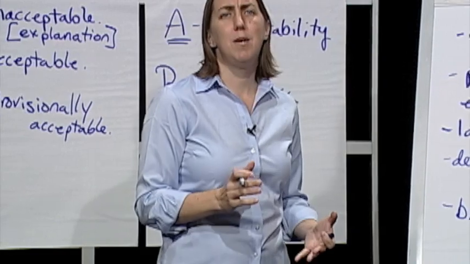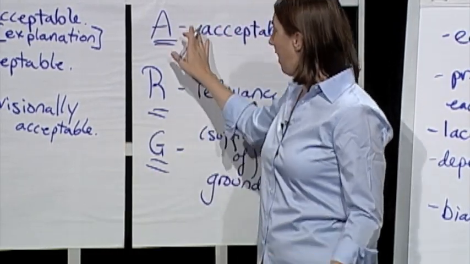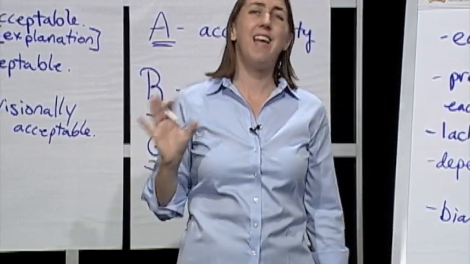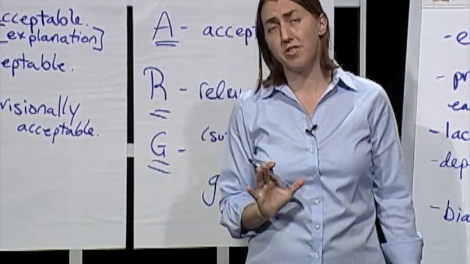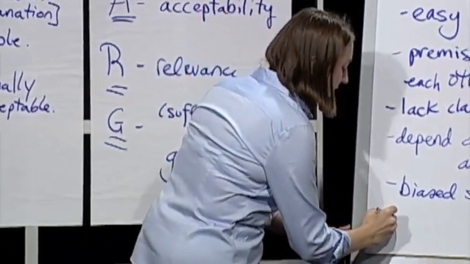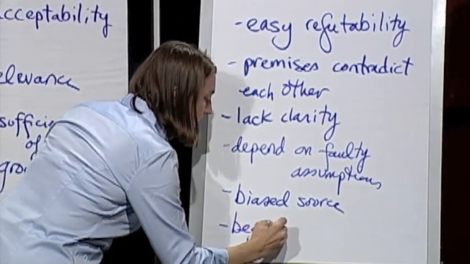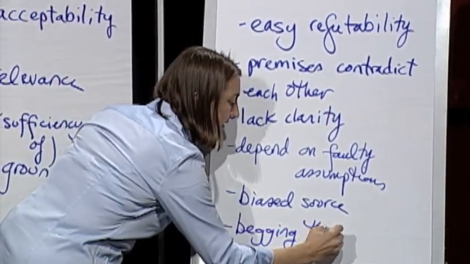I don't spend a lot of time on that because these 3 questions that we're going through right now, if you apply them correctly, you'll find every single fallacy that the philosophers have ever talked about. But I'll use the term for this particular fallacy, which is called begging the question.